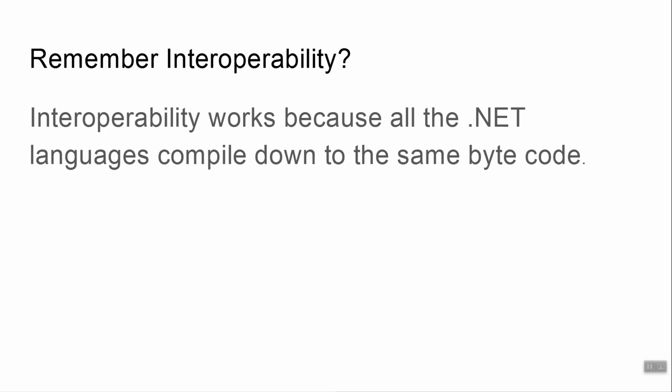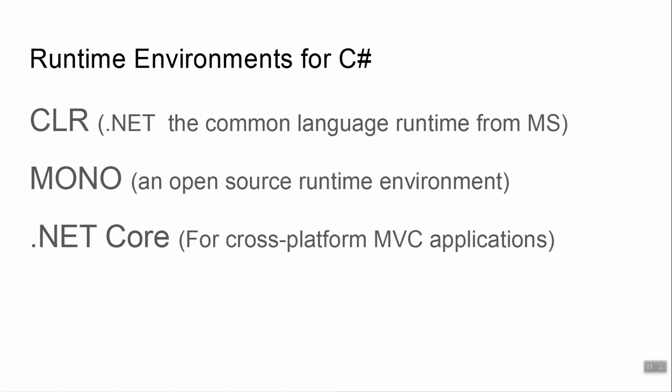It gives us all of the portability and almost all of the speed. There you go. So hopefully that gives you some idea of the pros and cons of this. Compiling, interpreting, isn't there some way to get the best of both worlds? Yes, you compile down to an intermediate format, and then you make virtual machines that run that intermediate format. And then here are some different ones, like CLR, Mono, .NET Core.